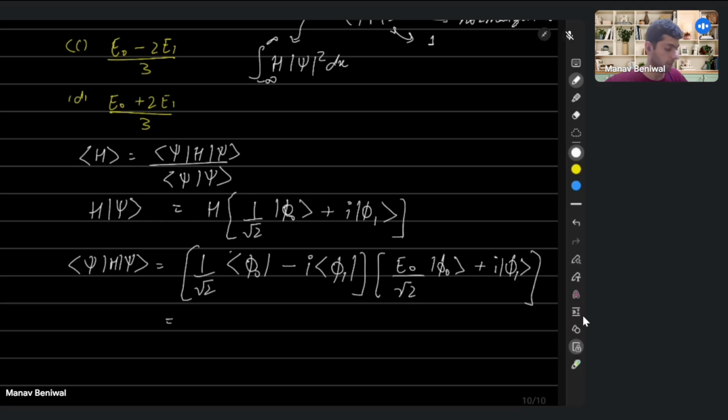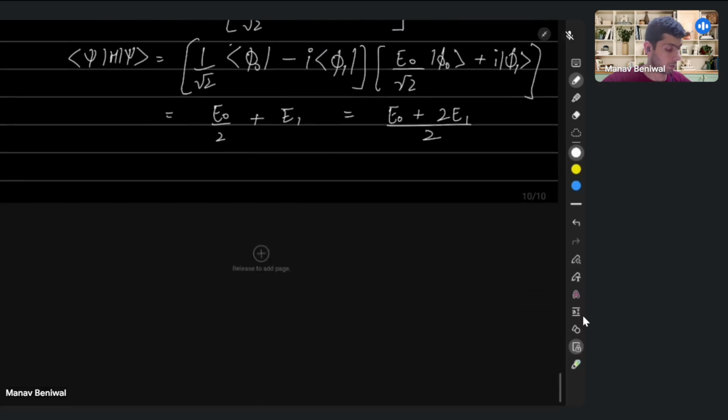So 1 by root 2 times 1 by root 2 becomes E naught by 2, and iota times minus iota is 1, so this just becomes E1 by 2. So this becomes E naught plus 2 E1 by 2.